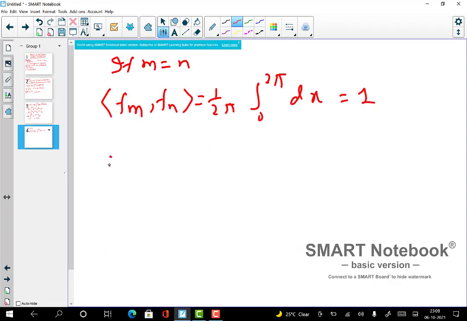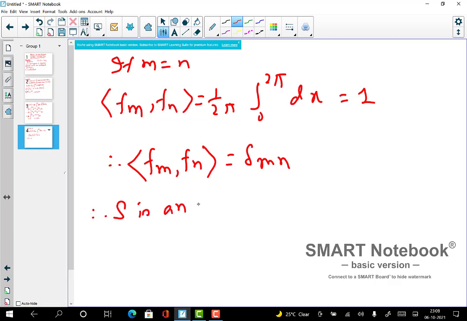That means the inner product of f m with f n is nothing but the Kronecker delta, and hence this is an orthonormal subset of V. Obviously this is infinite, so you can find infinite orthonormal or orthogonal sets.